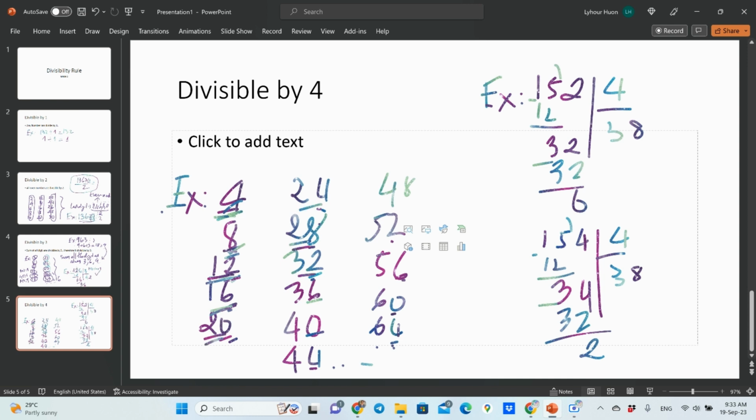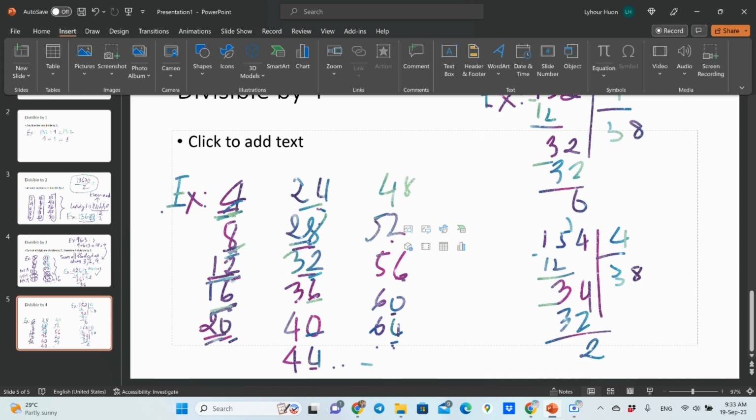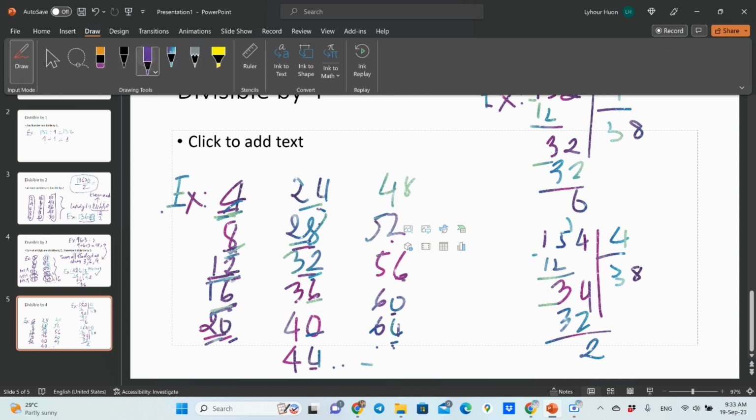If that number is large, 4, 5, 6, 7 digit number, we notice the last two digit number. If the last two digit number is divisible by 4, then the whole number is divisible by 4. I mean the last number.